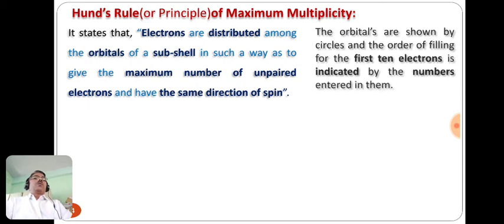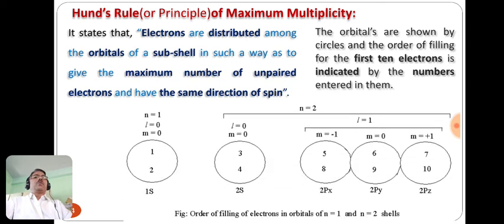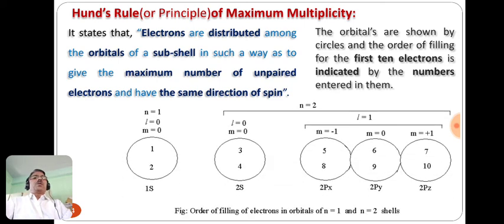The orbitals here are shown by circles, and the order of filling of the first 10 electrons is indicated by the numbers entered in them as shown below. These circles indicate the orbitals. When n equals 1, the first energy level, there is only one subshell, the 1s.